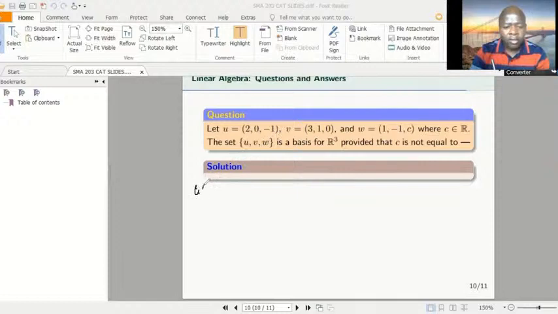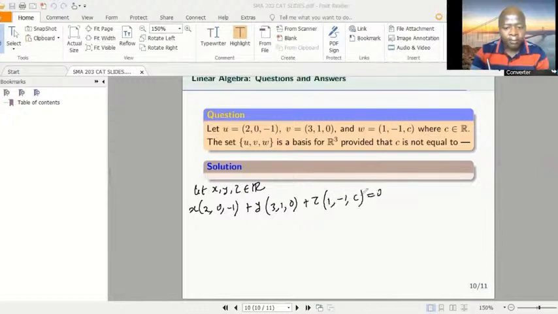So we want to let x, y, and z be scalars, and that x multiplied by u plus y multiplied by v plus z multiplied by w will be 0.